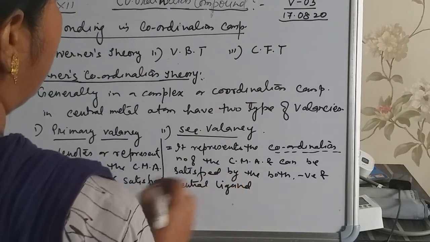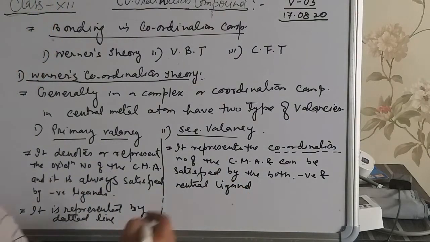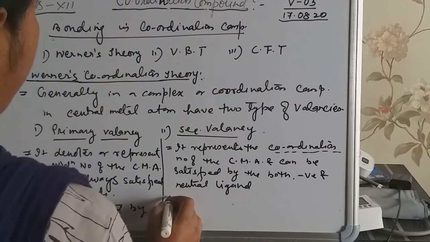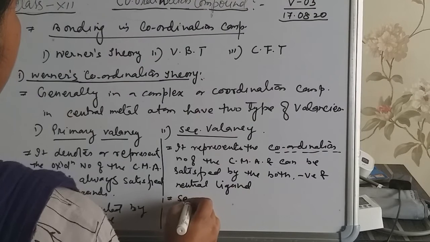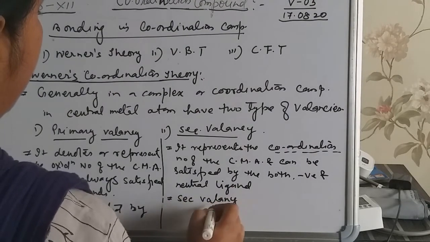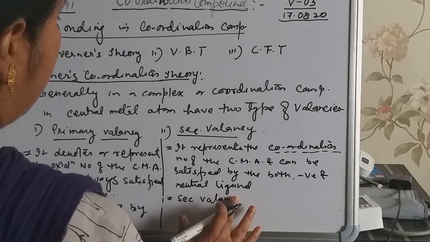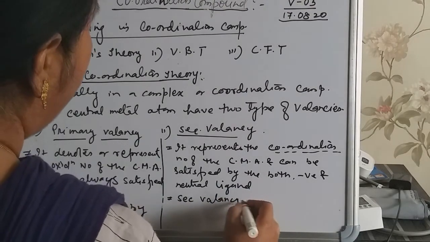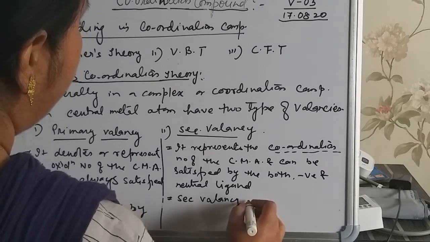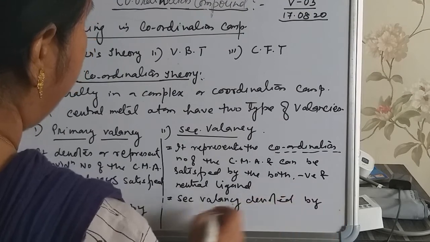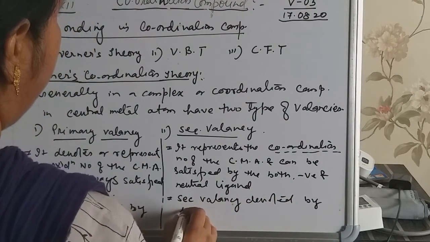Neutral ligands like water, ammonia, and so on. Secondary valency is non-ionizable. Secondary valency is denoted by a solid line.